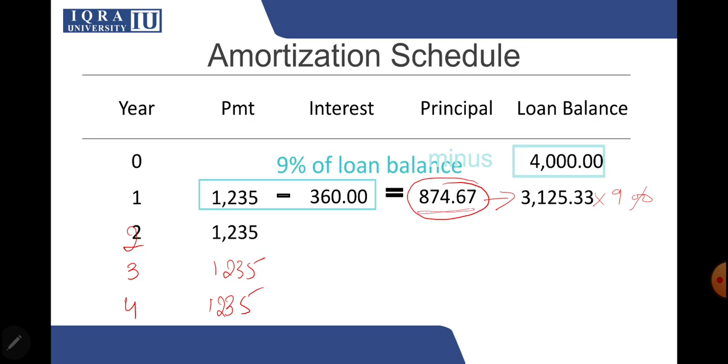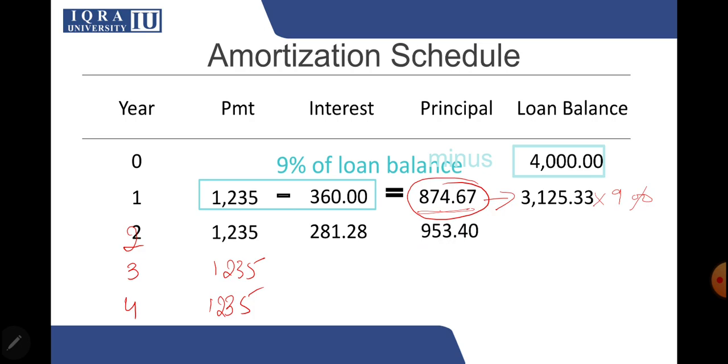So on that 875 rupees, interest will not be charged. On 3125, which is your leftover loan balance that you still need to pay, you will charge interest. So now multiply this by 9%. This is coming to 281. Again, you want to know the principal amount. So out of 1235, 281 is going in the form of interest. Then what is left to reduce your loan balance?